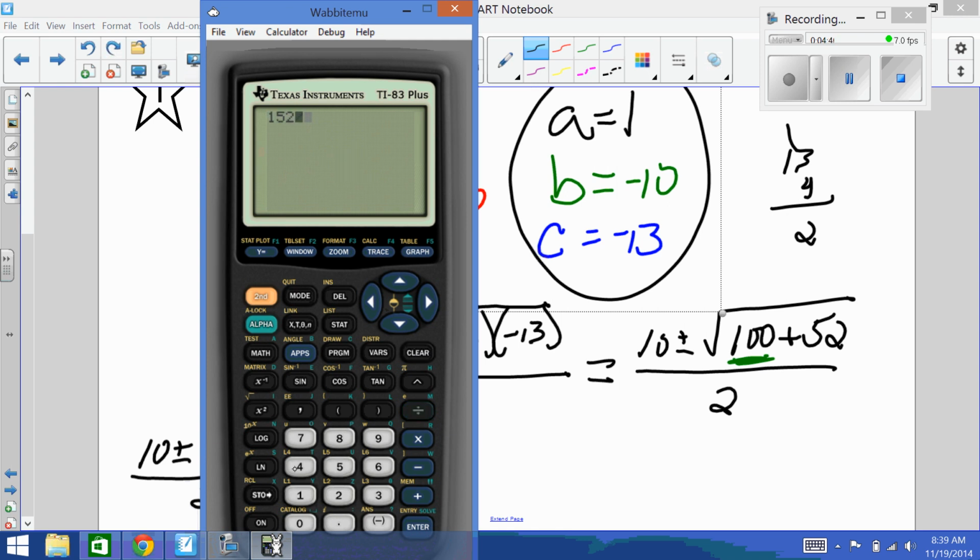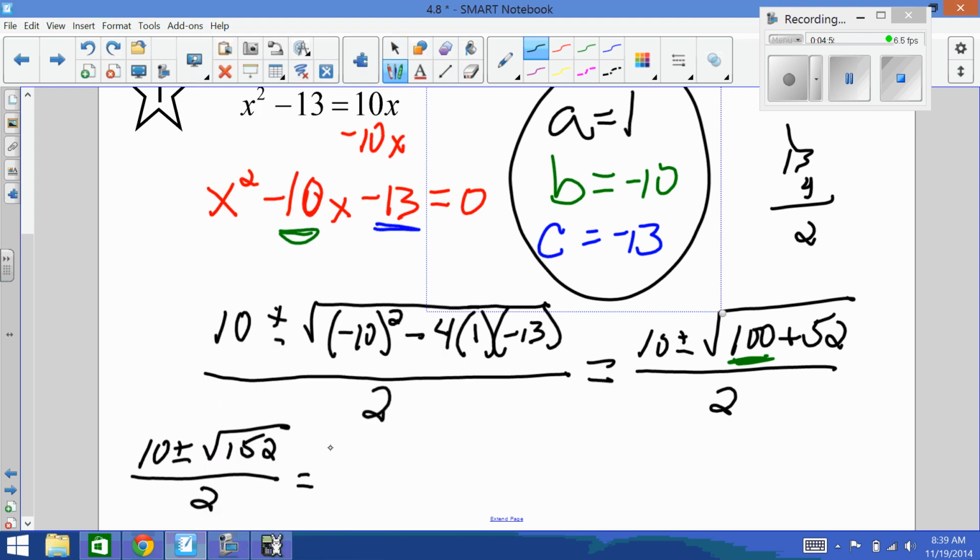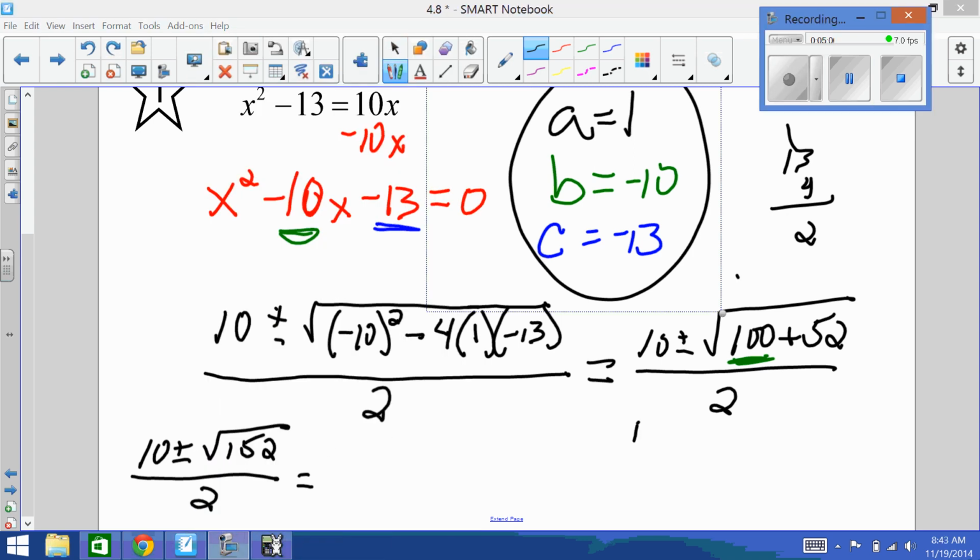Let's see, this divided by 4 is 38. So it's 4.